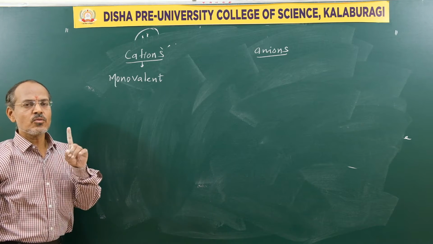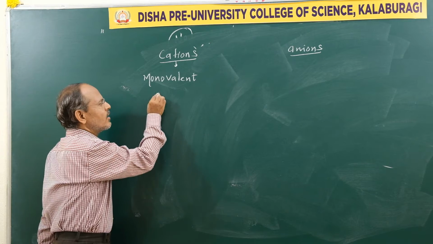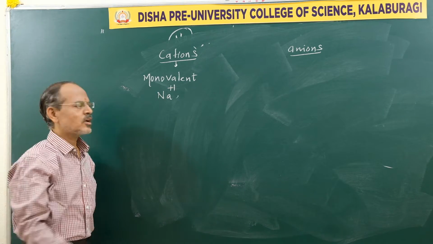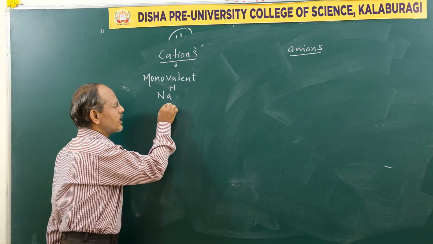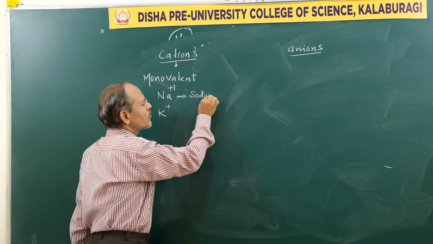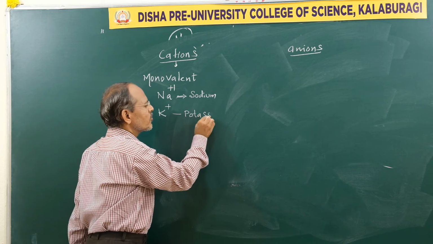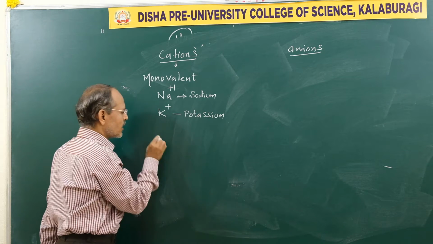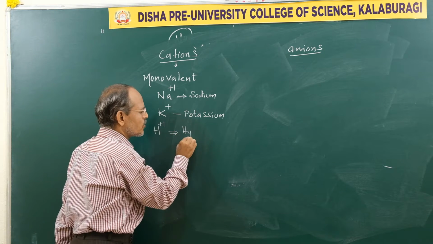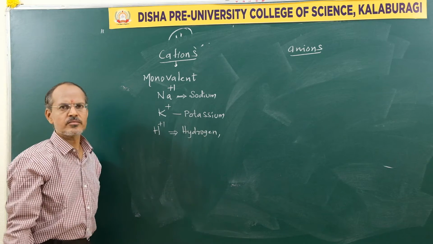Monovalent means 1. Mono means 1 valency. I will take the example of sodium Na plus 1. Potassium K plus. This we call sodium. This is potassium. H plus 1, hydrogen.